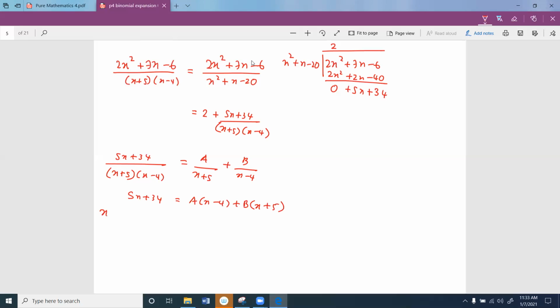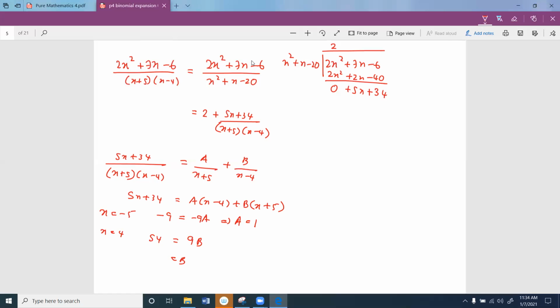Then if x equals minus 5, it turns up to minus 25 plus 34, which is 9, equals minus 9A. With that, you can get the answer A equals 1. Then if I put x equals 4, 20 plus 34 is 54, equals 9B.